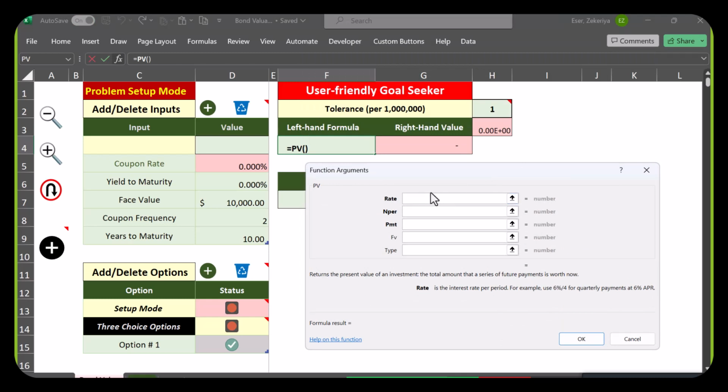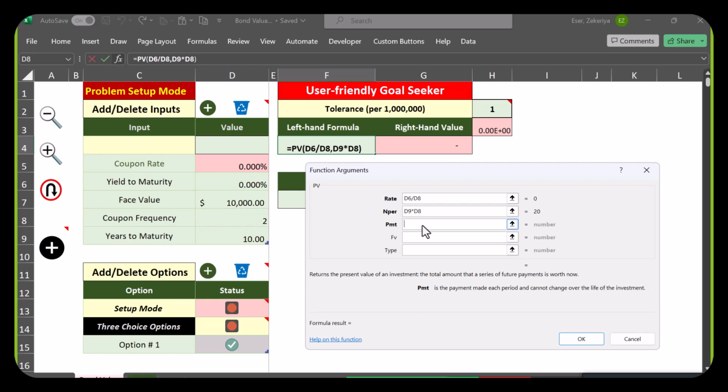The rate that we're going to use is the period rate. The yield to maturity is an APR, so I'm going to take the yield to maturity divided by 2, the coupon frequency. The number of periods is years to maturity times coupon frequency.